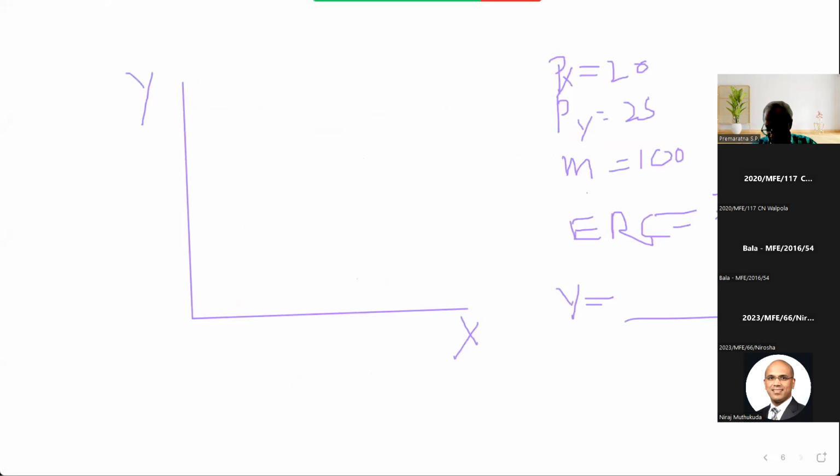Example, if you look at, say, Y and X, two goods here. Y here and X here.